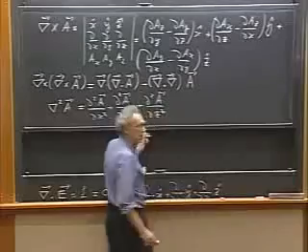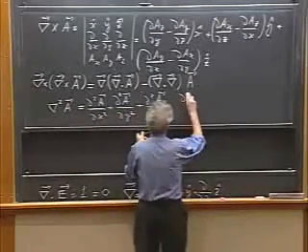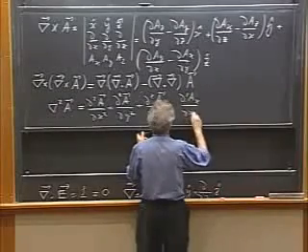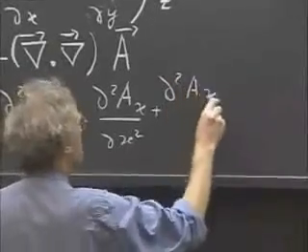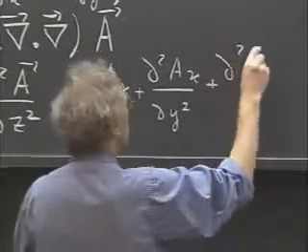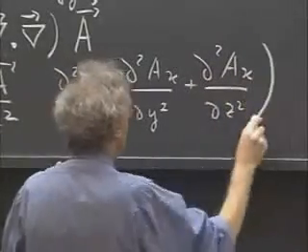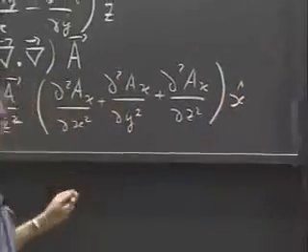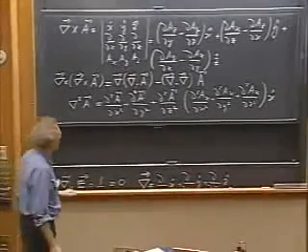So I will only do the component in the x direction, which then becomes d2ax dx squared, d2ax dy squared, plus d2ax dz squared, and that is then the component in the x direction. And there's also one in the y direction, and there's one in the z direction.